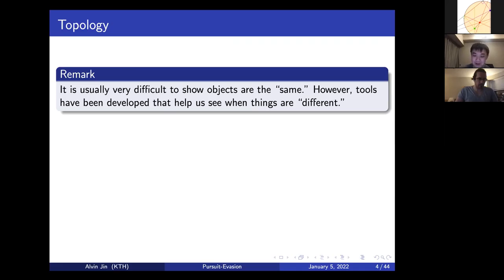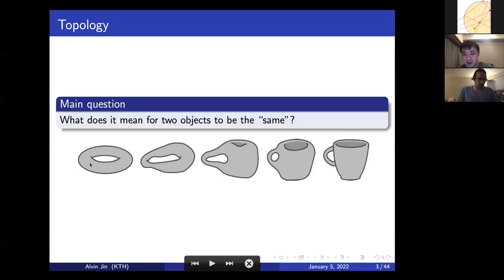So some questions there can be reduced to the question of when are two objects the same, that is, when can we deform one into the other via this type of transformation, smooth, pushing things around. That's something that people at most universities care about.